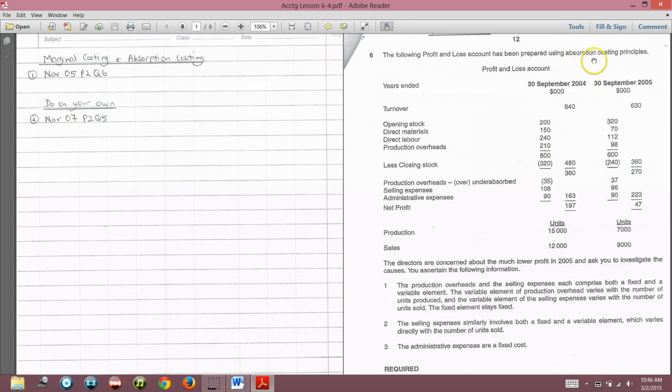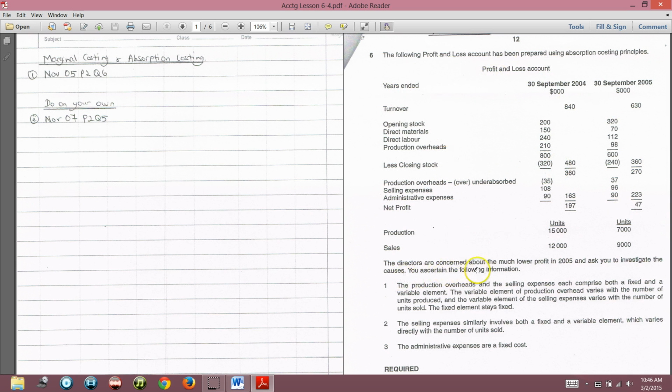It is prepared using the absorption costing principles. Then we also said that management accounts are accounts that we prepare just for internal purpose, for us to manage our business better. The government does not want to see our management account, but the government would want to see our financial accounts, which is in this format for the profit and loss account.